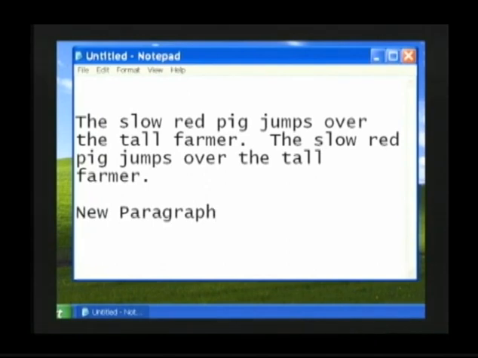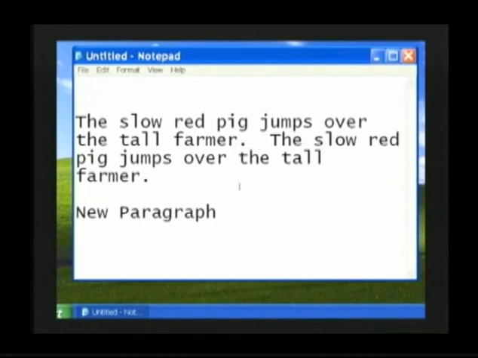Now the last situation I'd like to take a look at is placing that blinking cursor in between our two sentences. Move that blinking cursor in between the first and second sentence, in between the words farmer and the. Now in this situation, the first sentence is to the left of the blinking cursor. The second sentence is to the right of the blinking cursor.